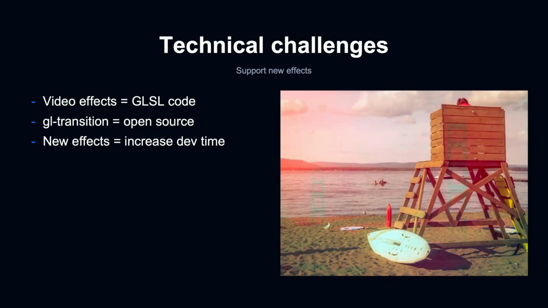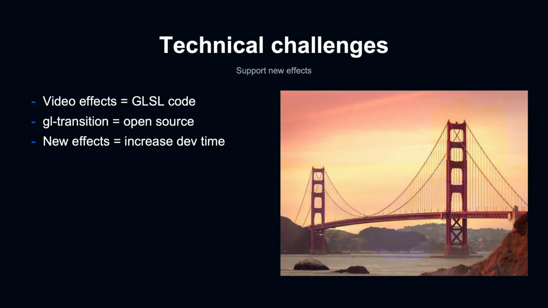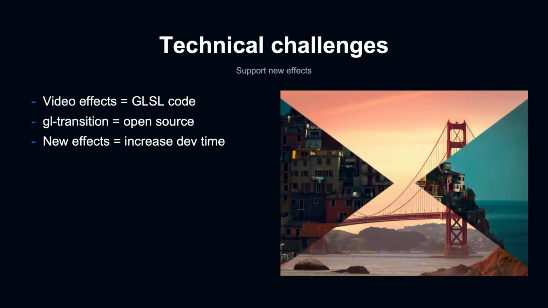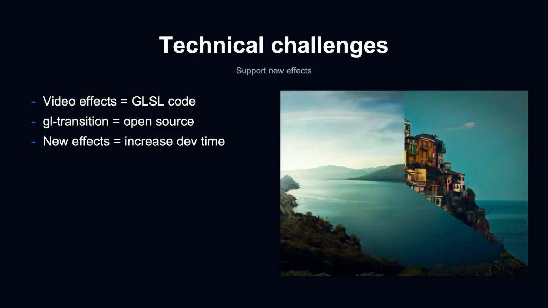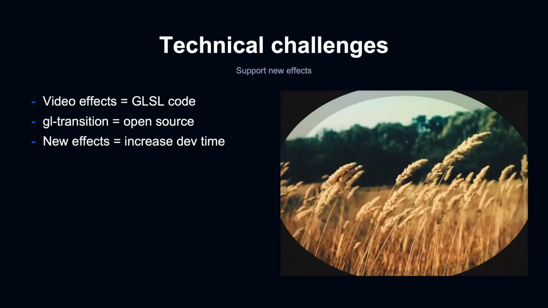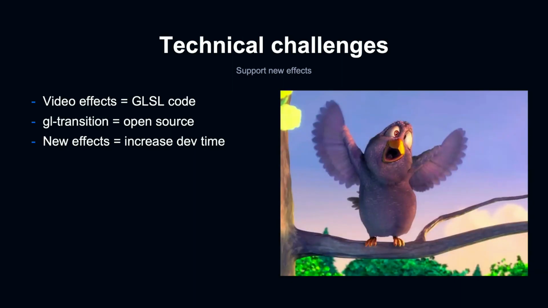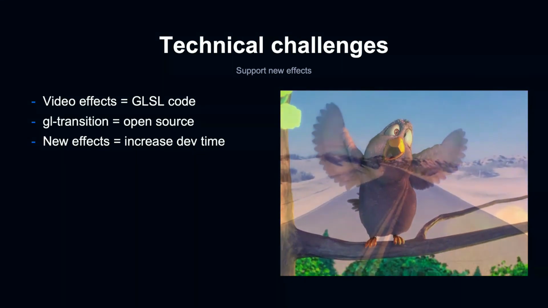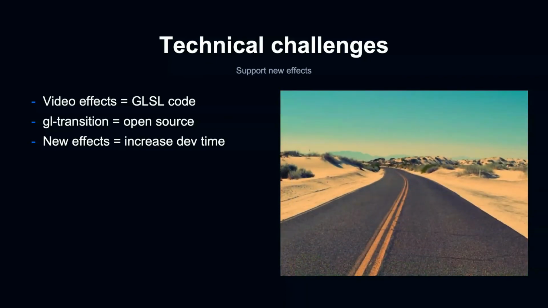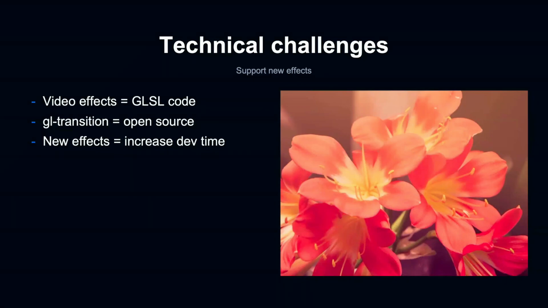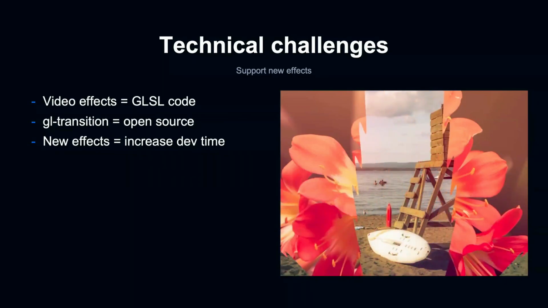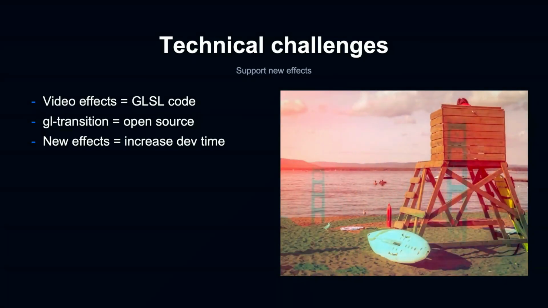GLSL code runs directly on the GPU, and we use it as a language to develop video effects. As we don't have GLSL developers, but still want to satisfy users with many video effects, we use the GL Transitions open source library. This means unless we spend much time and development cost, we will be limited to the effects provided by GL Transitions.